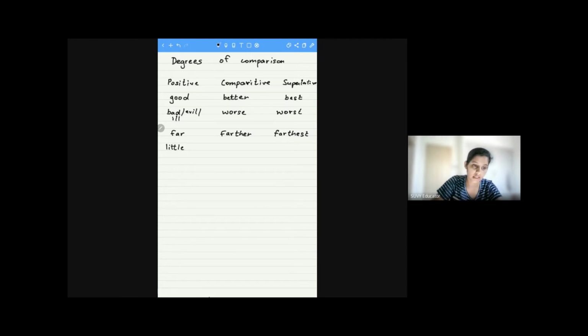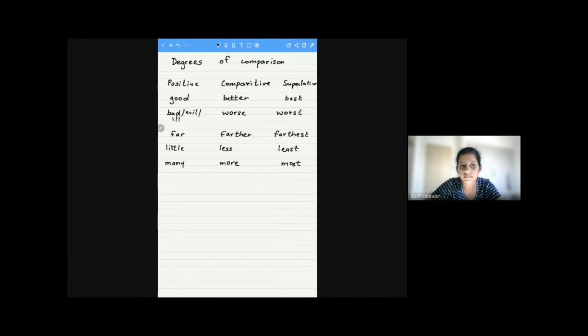Little, you do not say littler or littlest. What you say is less and least. Okay. Next, many. For many, you have more and most. Okay.